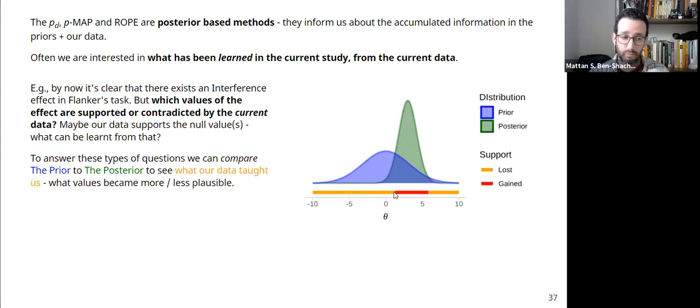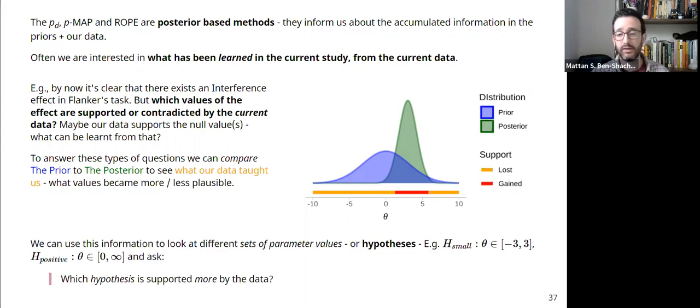We've moved away from those values, whereas in the red, this is where our data taught us that these values are more probable.